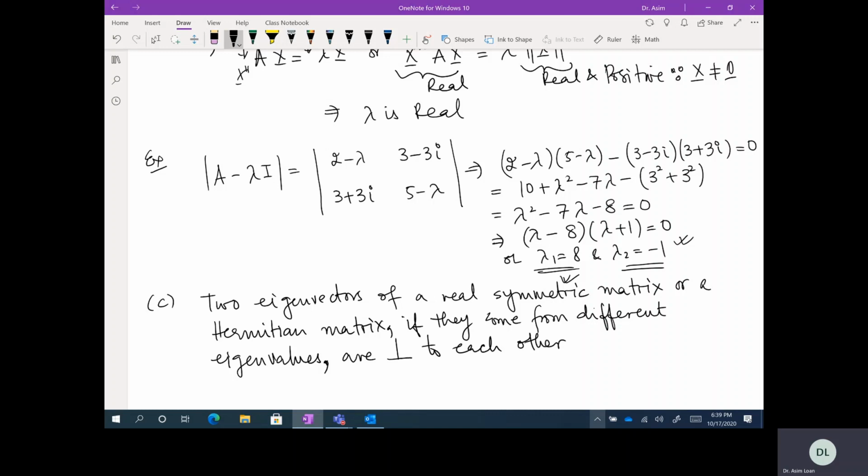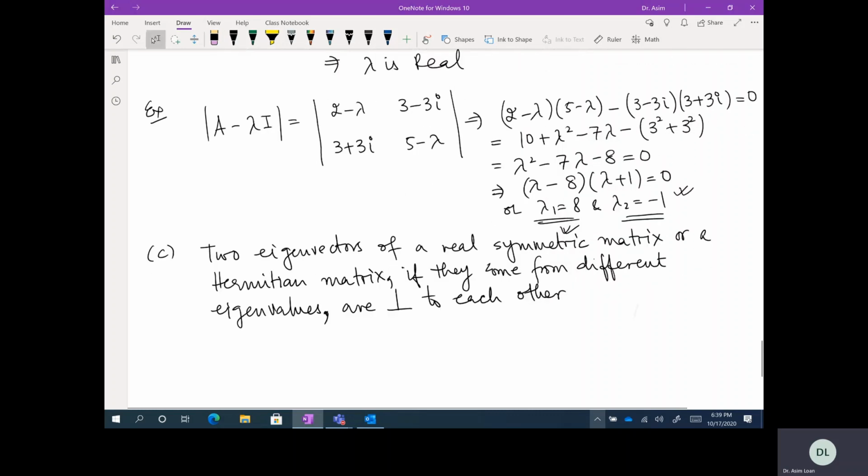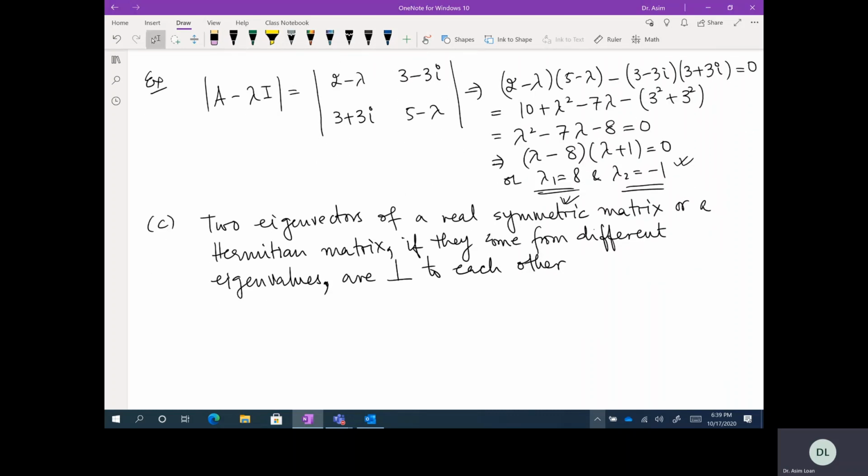If the matrix is not symmetric, then we have two different eigenvectors, but they are not necessarily orthogonal.